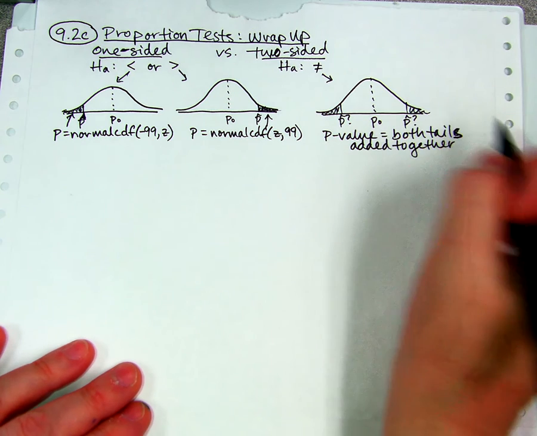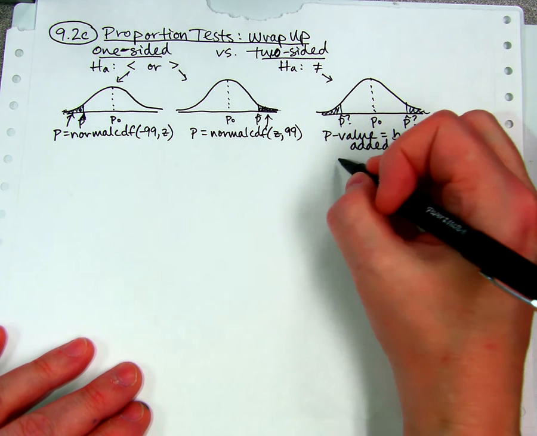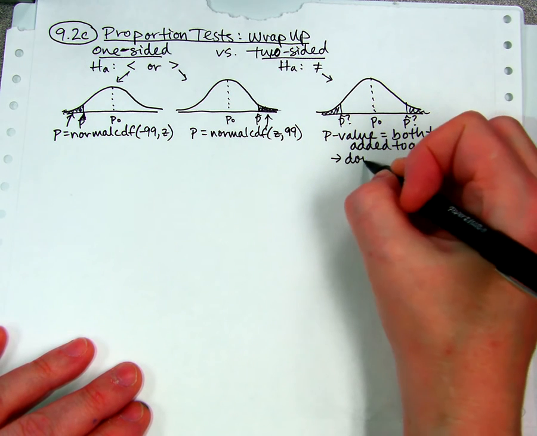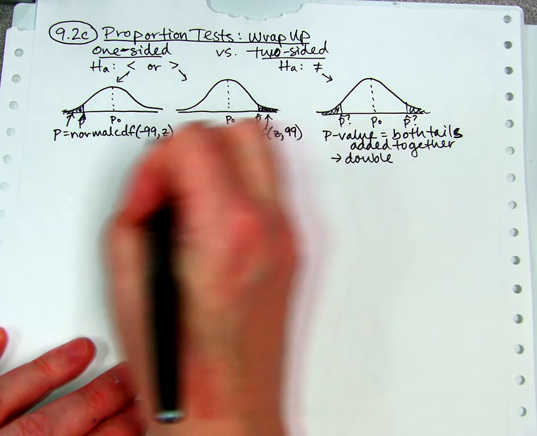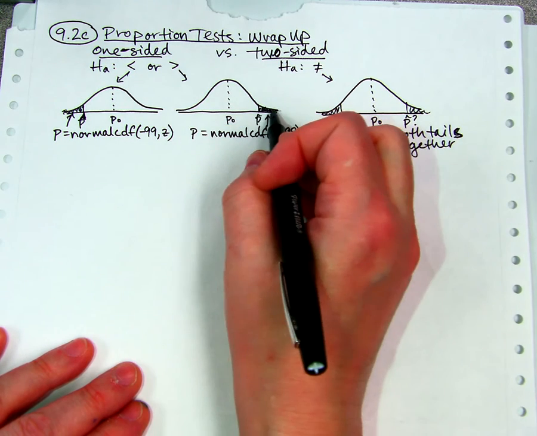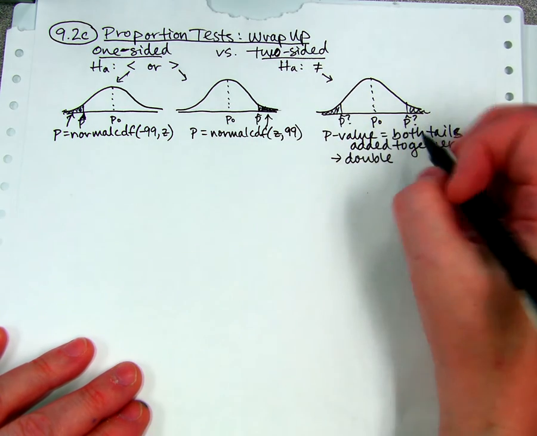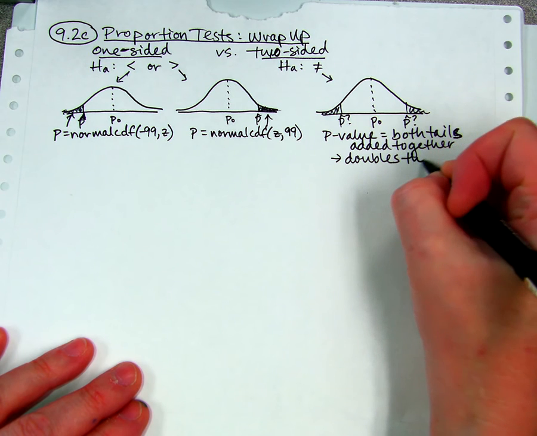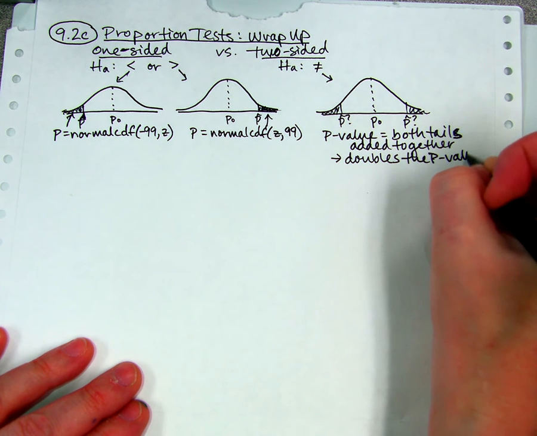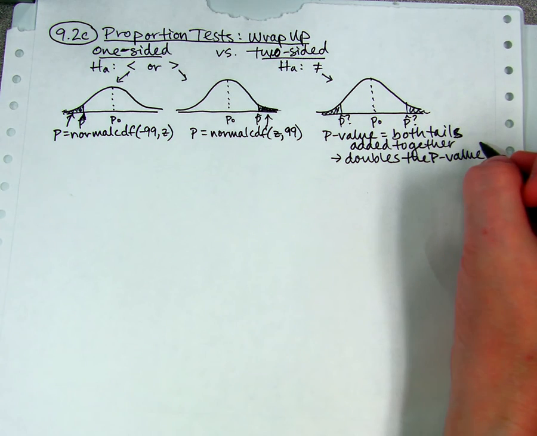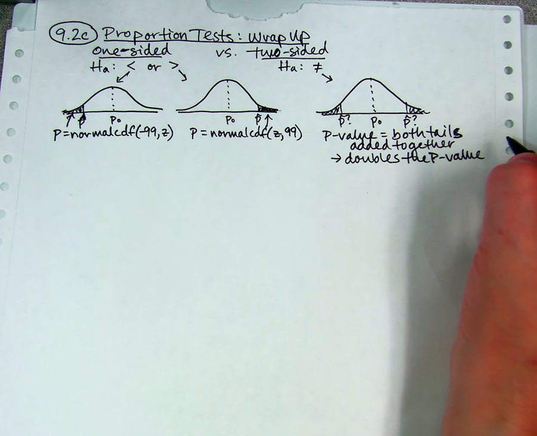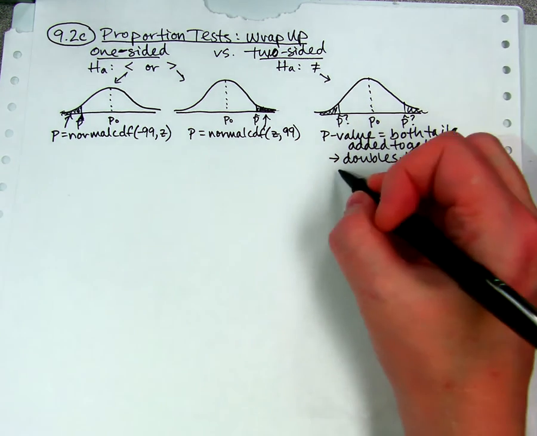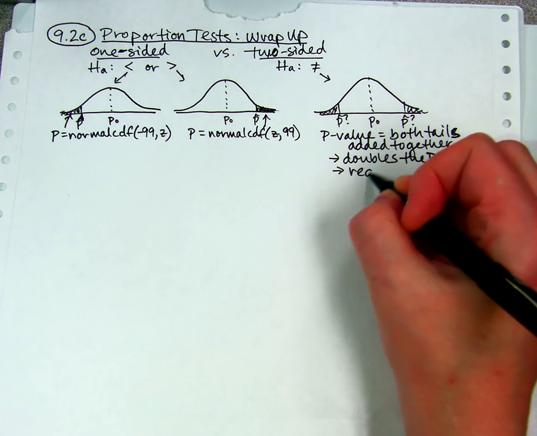What that does is it doubles your P-value, because you calculate your P-value using one of these things, but it only gives you half, and so then you have to get the other half also. So let's think about that for a minute. If you're doubling your P-value, that means it's more likely to be above the 5%, and you're less likely to reject. This reduces the power of your test.